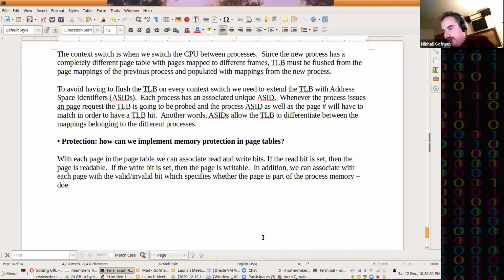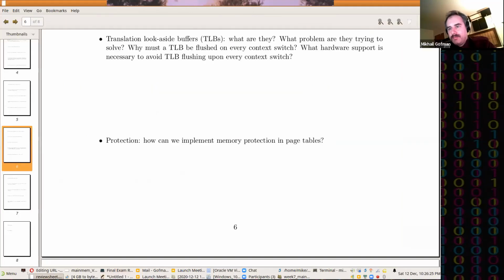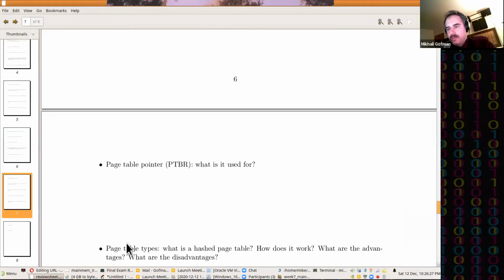That is, does it have an associated valid physical frame? Okay, that's basically the idea. All right, makes sense.